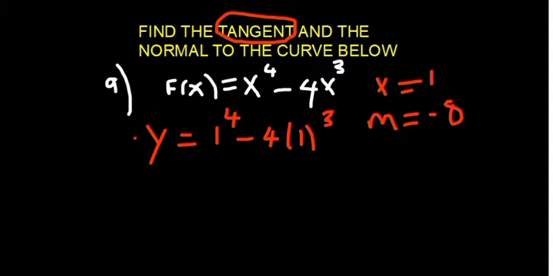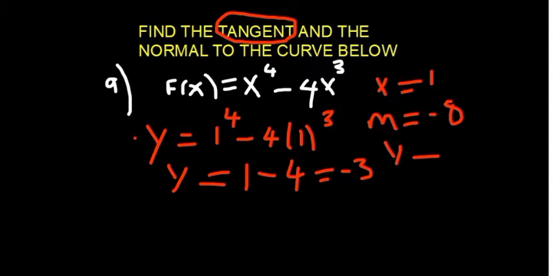So in this case, our y is going to be equal to 1 minus 4, which is equal to -3. So we found our y coordinate as well. So our x is equal to 1, then our y is equal to -3.